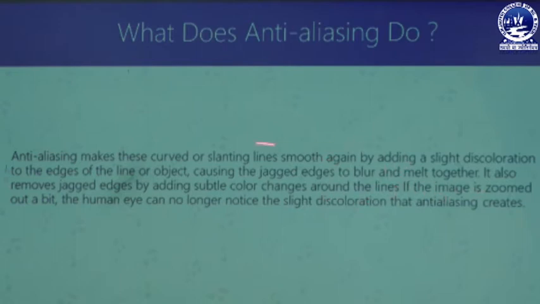That means all the different types of jagged edges are converted to another format, producing realistic images through slight discoloration mechanisms. That means the jaggies are removed by using subtle colors based on an average frequency length. So that is called the anti-aliasing function.